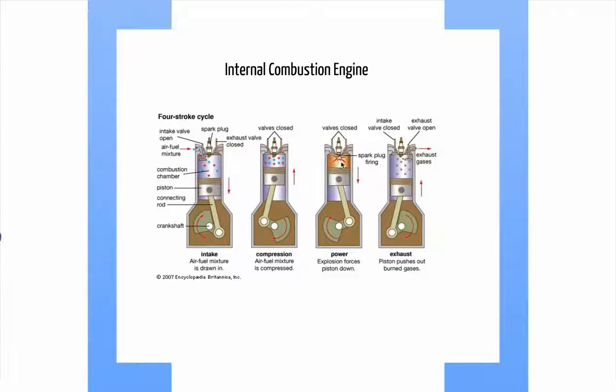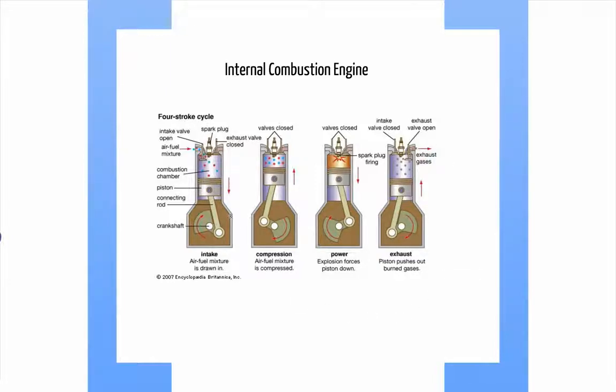Then the spark plug fires, which creates a chemical reaction, an explosion, which creates products at a very, very high pressure, so they have to expand. The explosion expands the gas and pushes the piston down, which forces the wheel to rotate again. And the last part of the cycle: as it rotates, the exhaust valve is opened and the exhaust gases are pushed out. And the cycle repeats again.